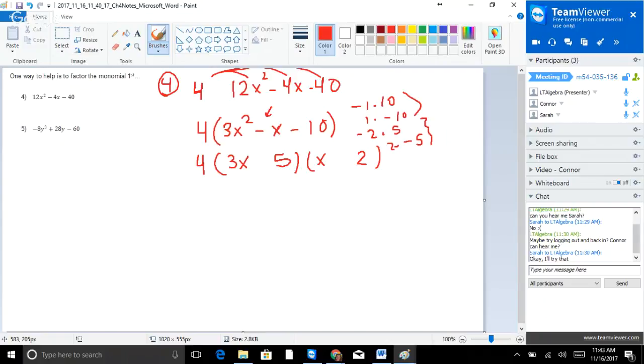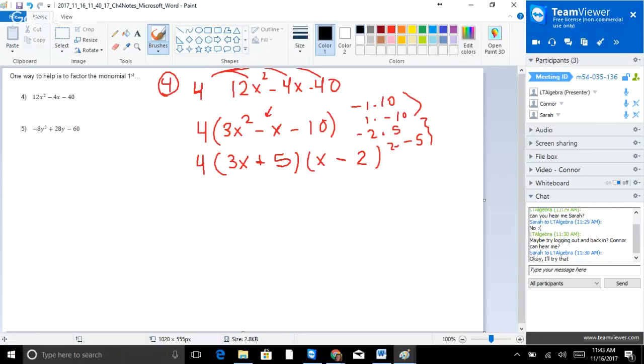So 6 and 5, if I kind of subtract them, I get 1. Now I just have to figure out which sign goes where. Okay, so I want my bigger number to be negative. So that means I want 6 to be negative and 5 to be positive. So this is my first kind of guess.